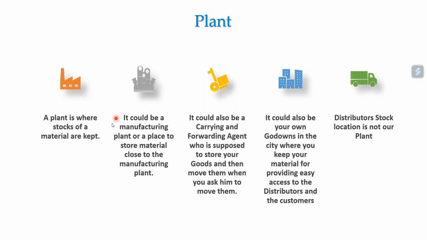It is near your manufacturing plant, you've hired a location or bought it, and you're keeping your material there, that's your plant. Your carrying and forwarding agent is not your company, it is a different individual with a different address, but he's helping you keep your stock. This is your plant. Your warehouses or your godowns are your plant, but the distributor stock in his location is not your plant.